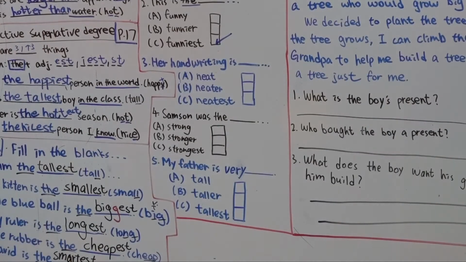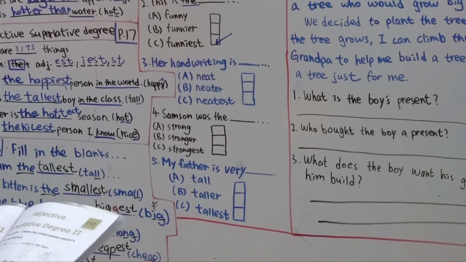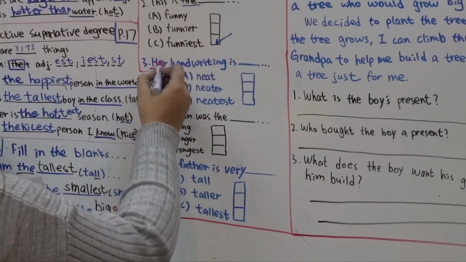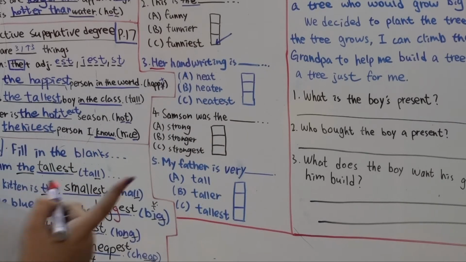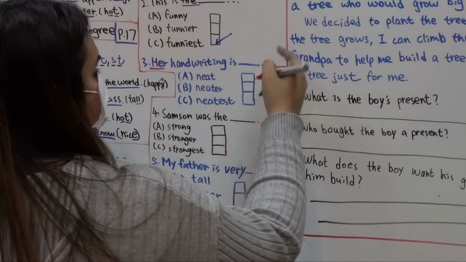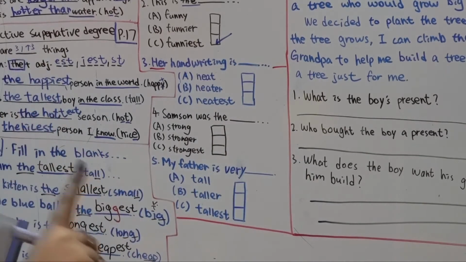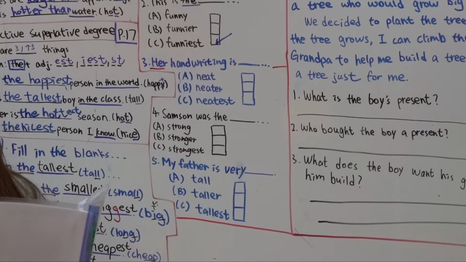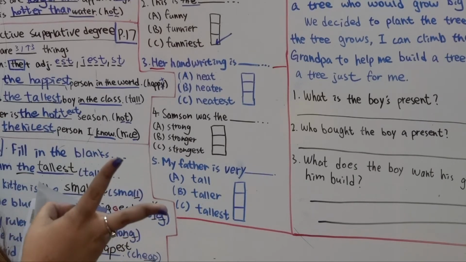Okay, right now we will be checking the answers, okay? So, number 3. Her handwriting is what than mine? Okay, so her, the first person, right? And mine. Look at the question in your book, okay? Her and mine. How many people are they comparing? 2, right?